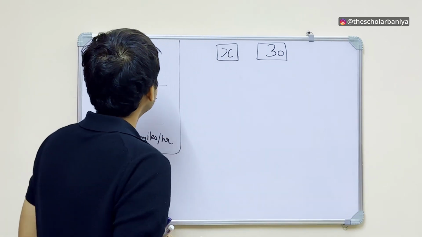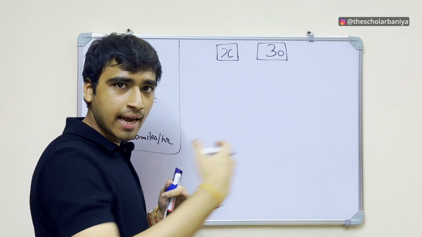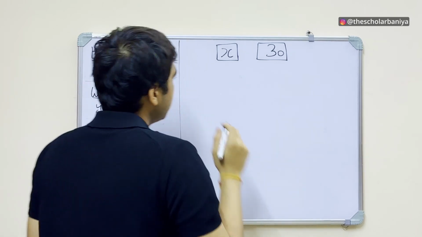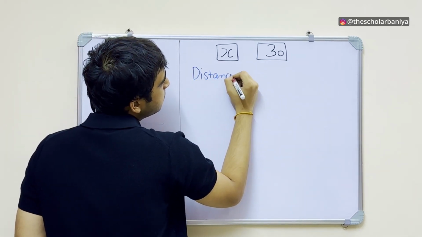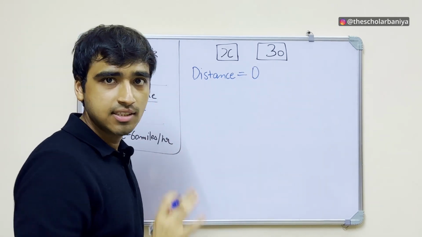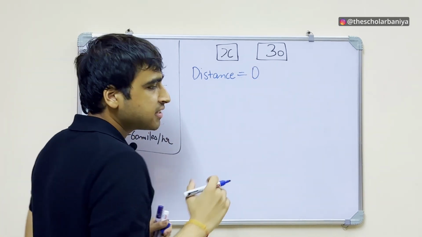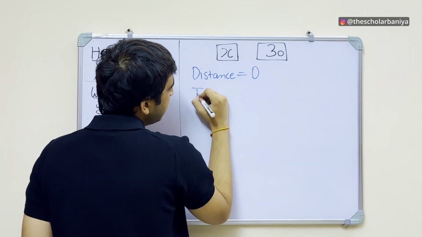So let's assume that the distance between the home and the workplace is D. When the person goes from home to work, what will be the time taken?